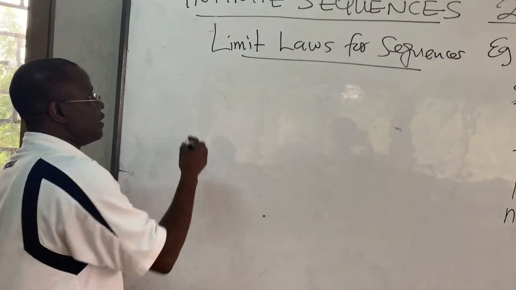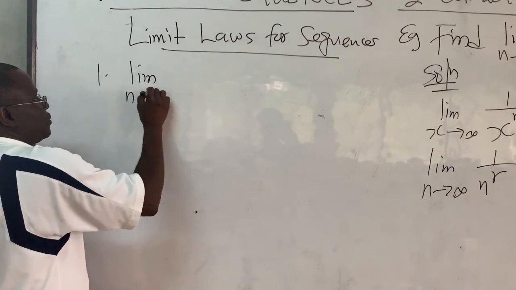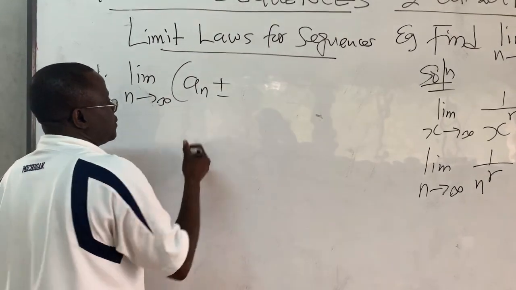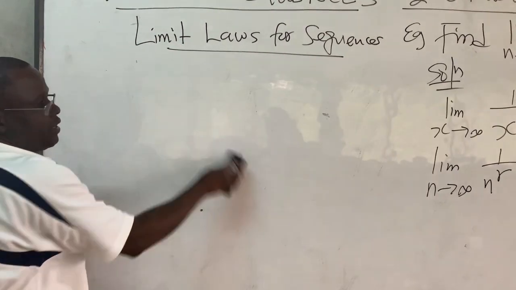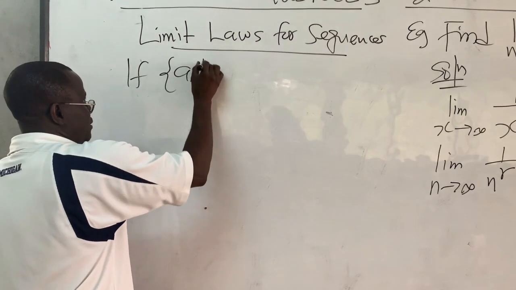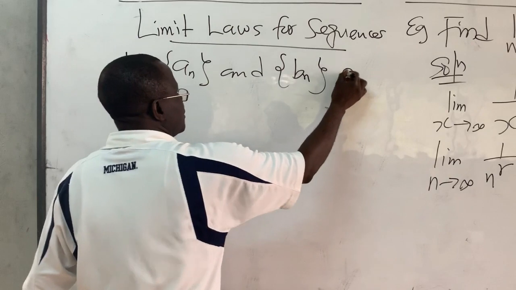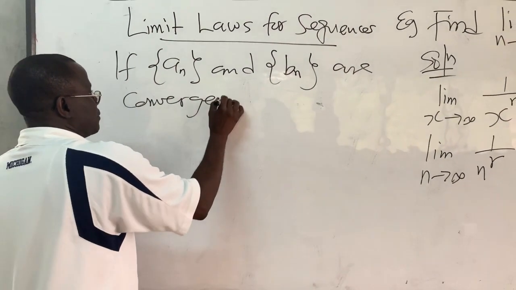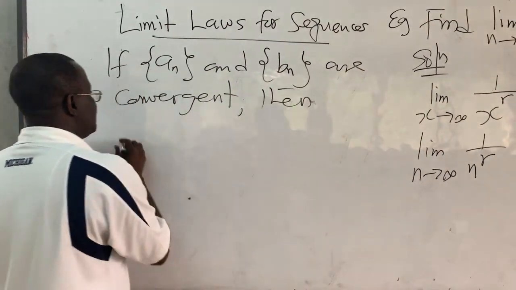Okay, so I'll just write a few of them. The limit as n goes to infinity of a n plus b n. Well, this is important. Here, if the sequence a n and the sequence b n are convergent, okay, they converge to some number, then these hold.